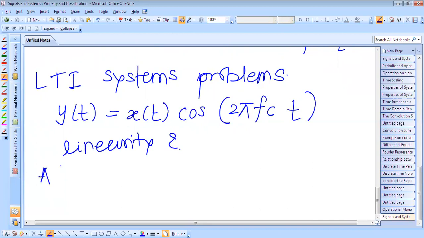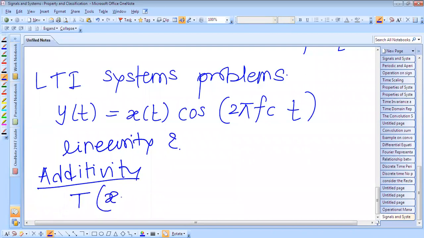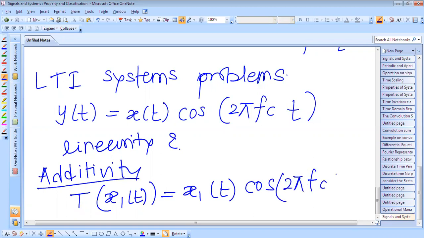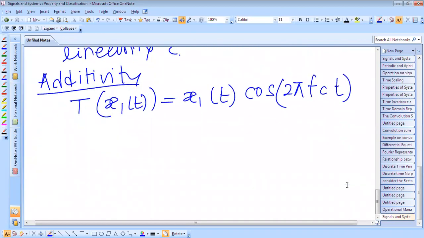So additivity we can write like this: T of x1 of t is equal to x1 of t into cos of 2 pi fc t, and this is the output, that is y1 of t.